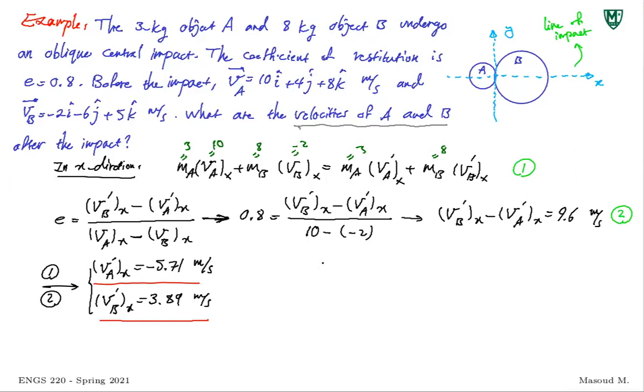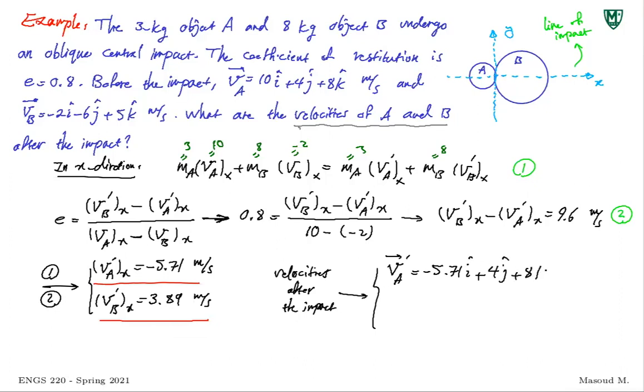So the velocities after the impact will be VA', well, I know the x component, minus 5.71 i, and the y and z components are the same. So that would be 4j plus 8k.